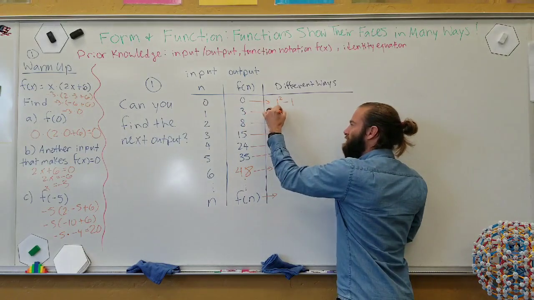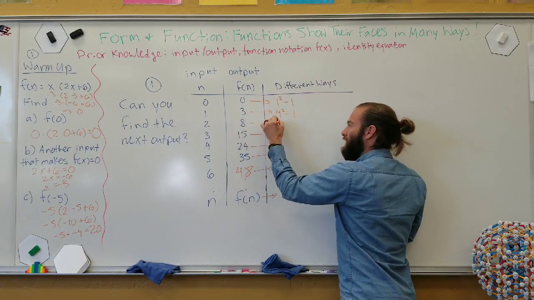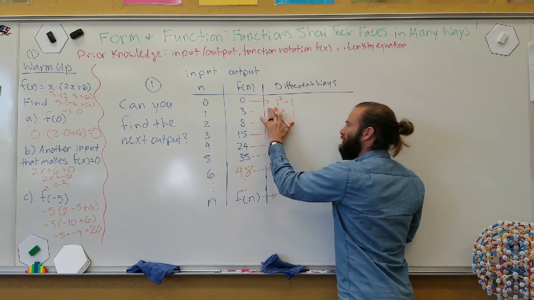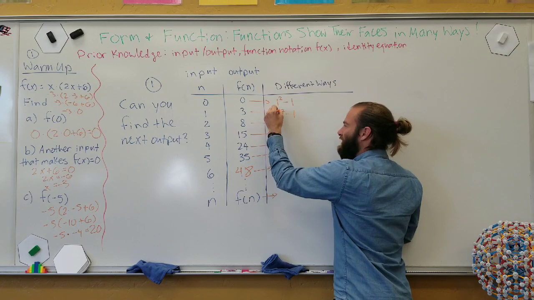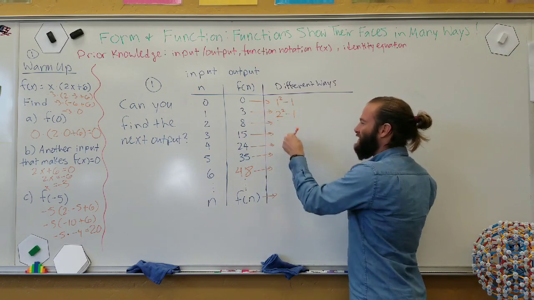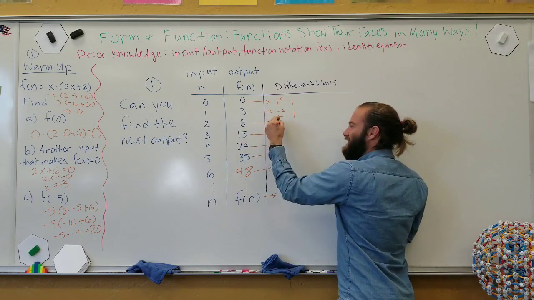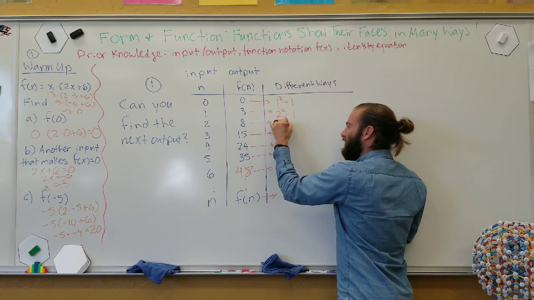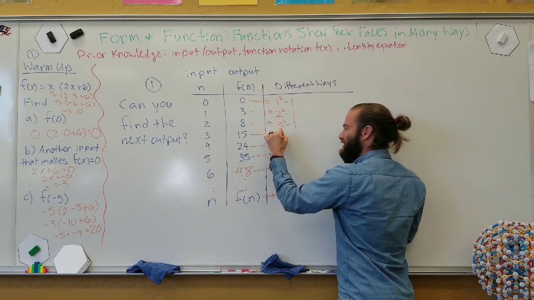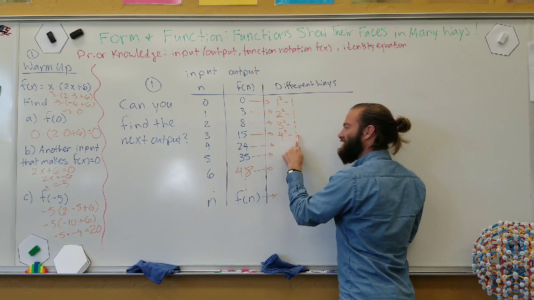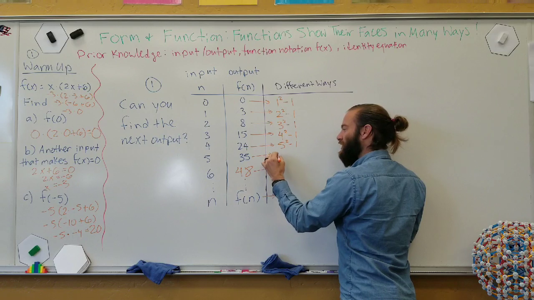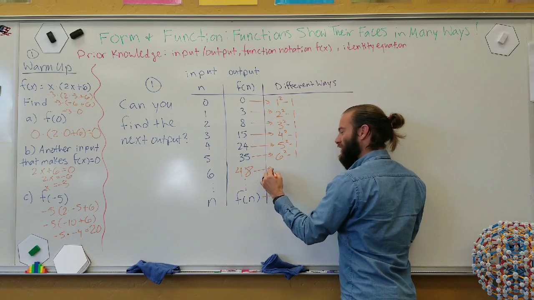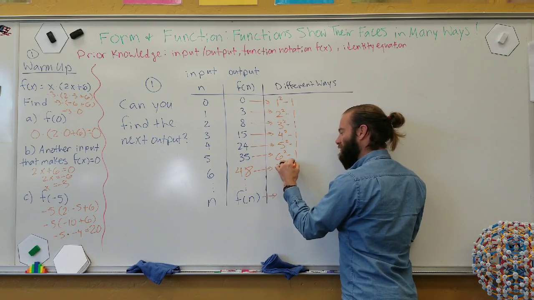And 3 is 2 squared minus 1, 4 minus 1. And then 8 is 9 minus 1, so that's 3 squared minus 1. And then this is where we get the 4 squared minus 1, 16 minus 1. And then 25 minus 1, so 5 squared minus 1, 6 squared minus 1, and 7 squared minus 1.